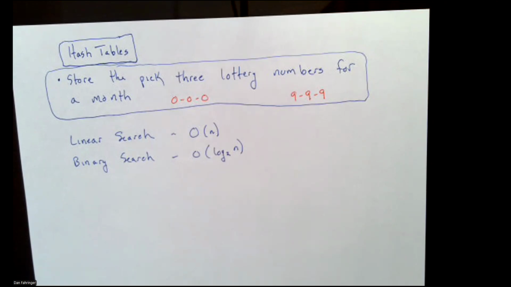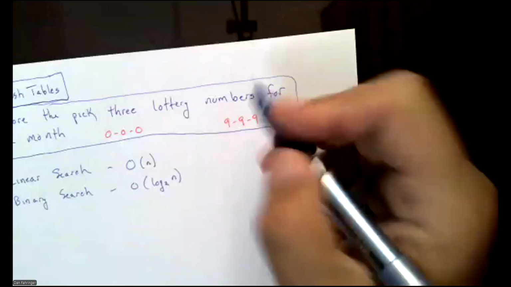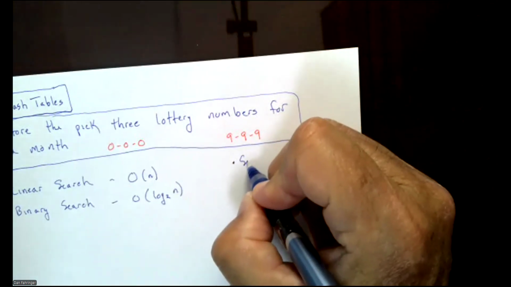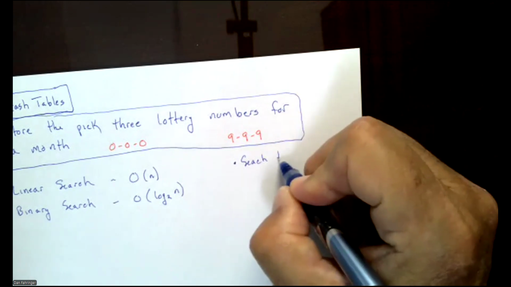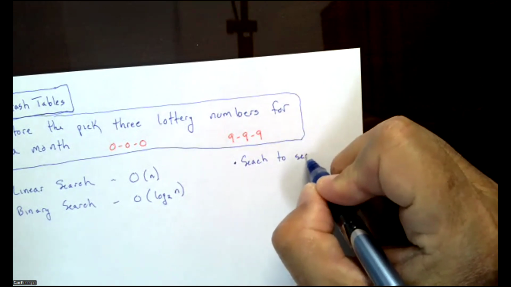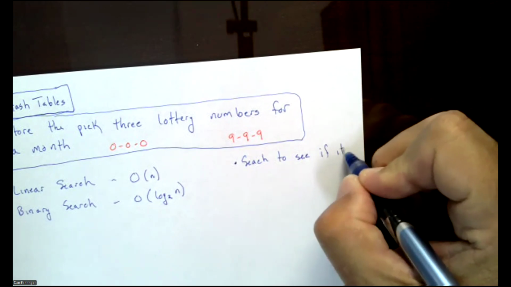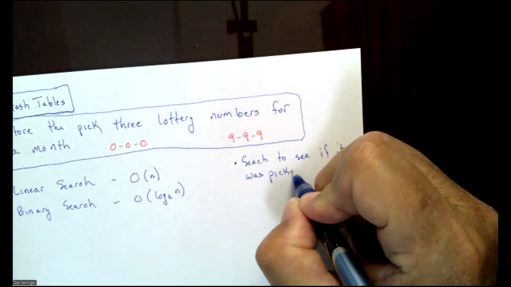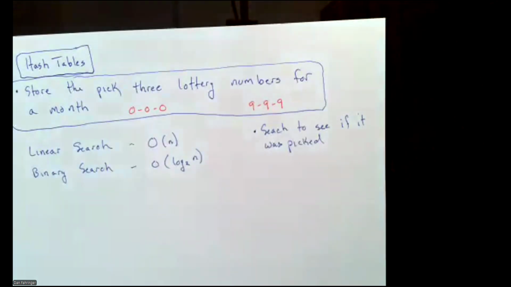Once I store these numbers, I want to search to see if it was picked. My lucky number might be 1, 2, 3.